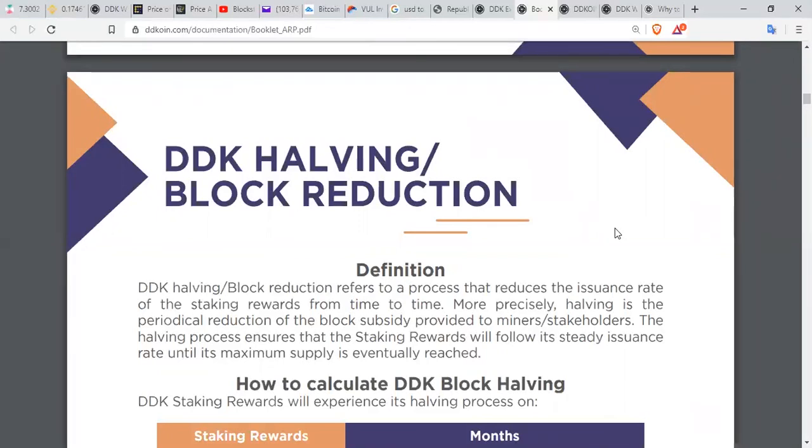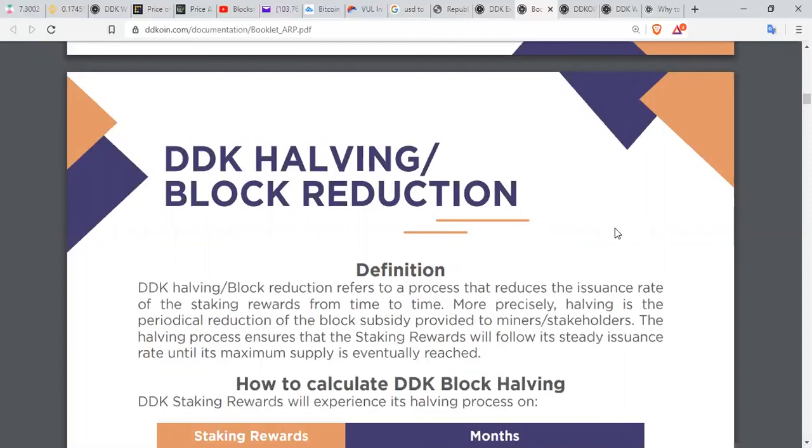So we would like everyone to understand why it is that after 2 years, because DDK was launched in 2018, that was September. So this coming September, DDK will already be 2 years after the first decentralization.